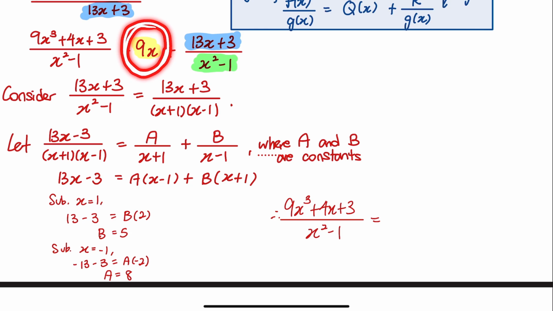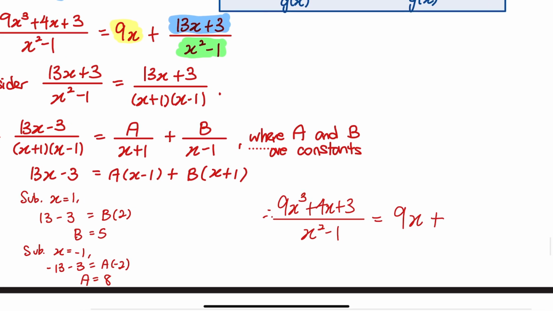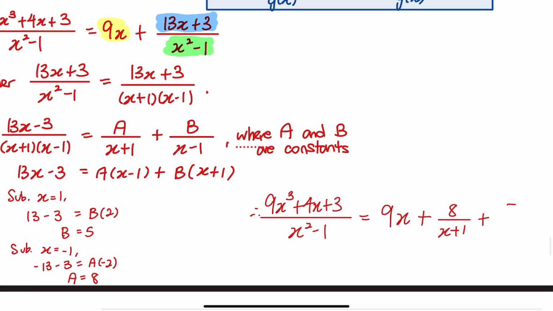If you forget this, you'll lose marks for no reason. Then plus this fraction, I've broken it down and found the values of A and B. So I'll get 8 over x plus 1 plus B, B is 5 over x minus 1. Did I break it down correctly?